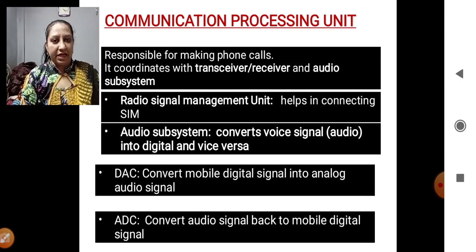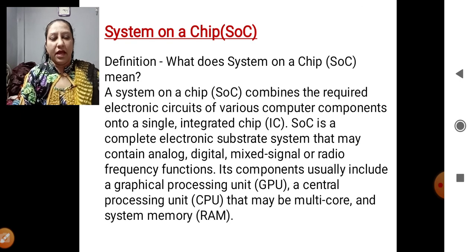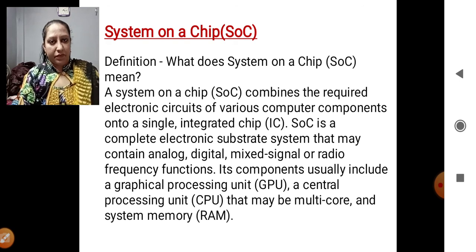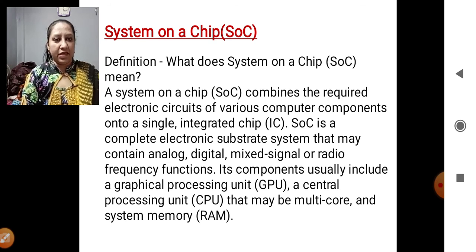So this is the entire communication processing unit and your mobile operating system. There is one small term called system on a chip, which is equivalent to your motherboard. What is a system on a chip? A system on a chip requires all the electronic components to be integrated on a single integrated chip, and it comprises all the components needed for your mobile system to work, like the CPU, whatever we discussed in the whole video.